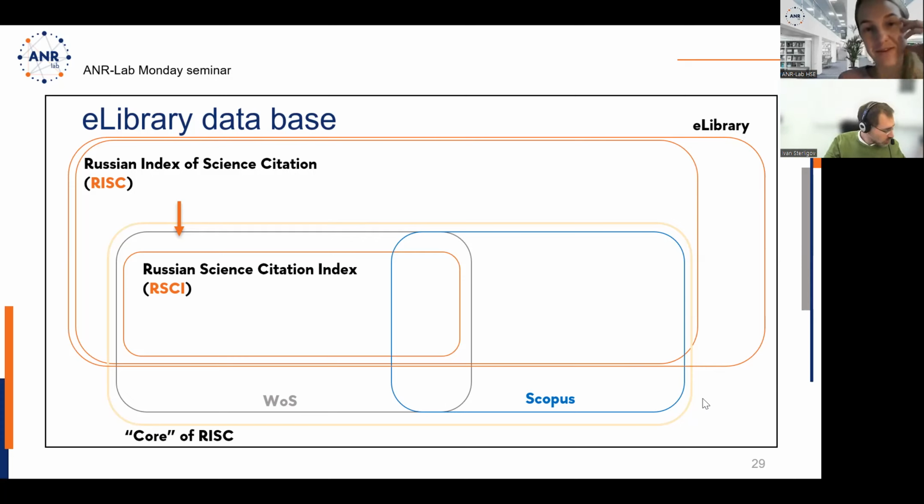It is important to understand how it works if we are going to compare different databases. So if we talk about this eLibrary database that we have, and also Web of Science database.